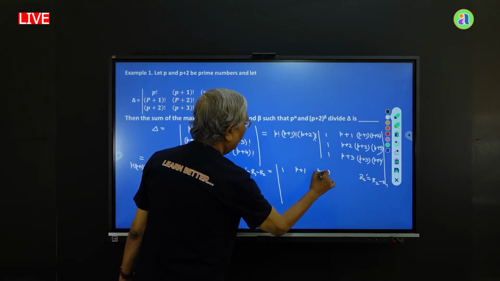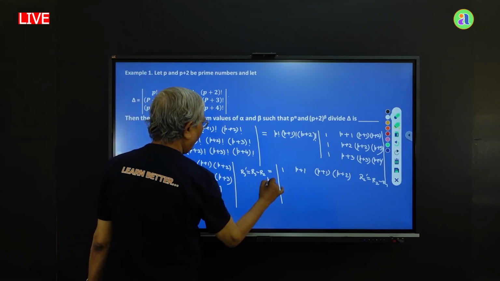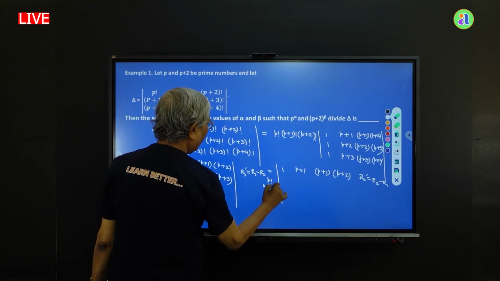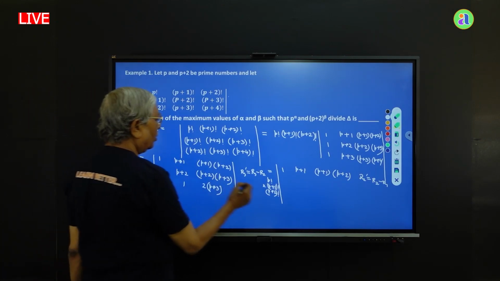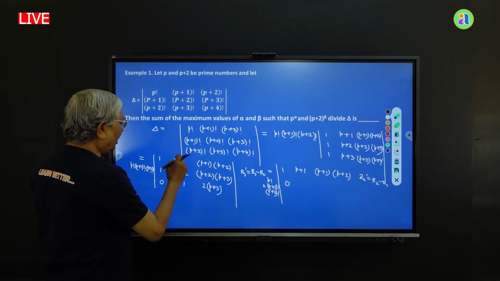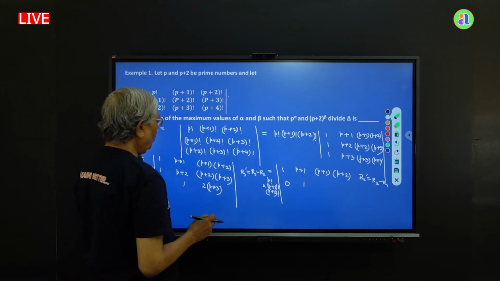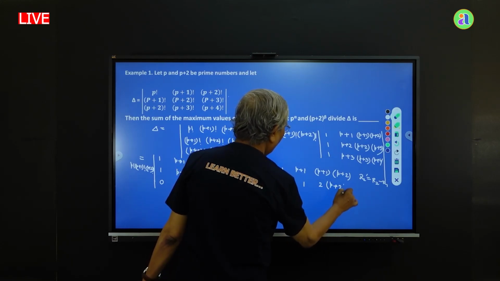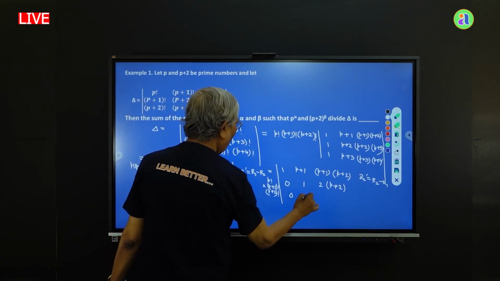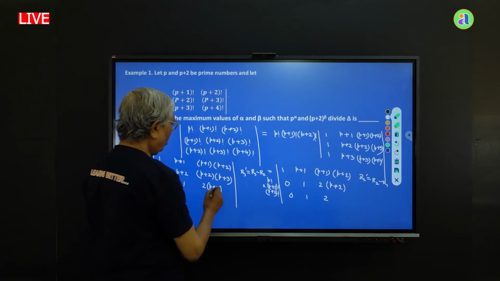This factorial p into factorial p plus 1 into factorial p plus 2 always remains outside. For R2 dash, this minus this gives 0, then 1, and then this minus this, taking common p plus 2, gives 2 into p plus 2. Third row is 0, 1, 2 into p plus 3.